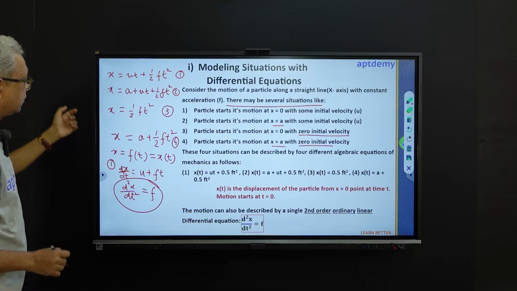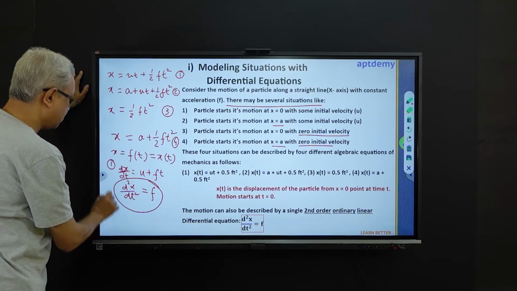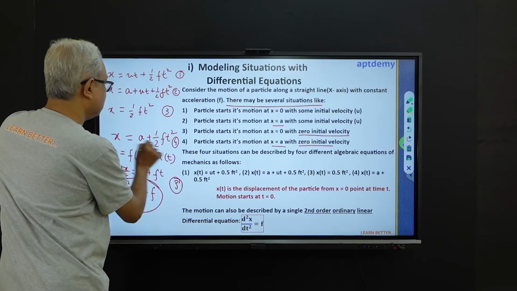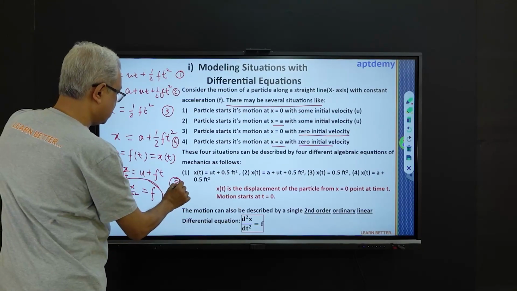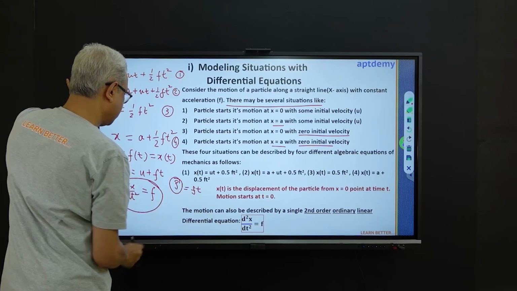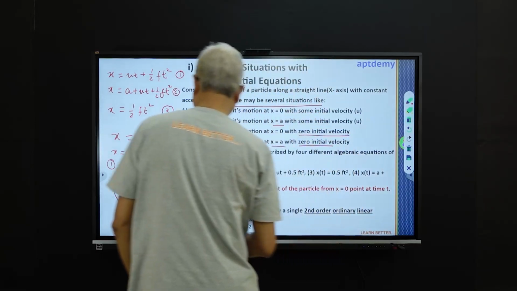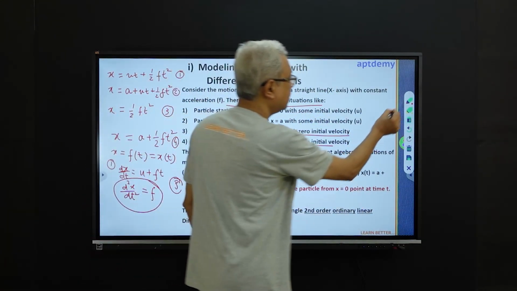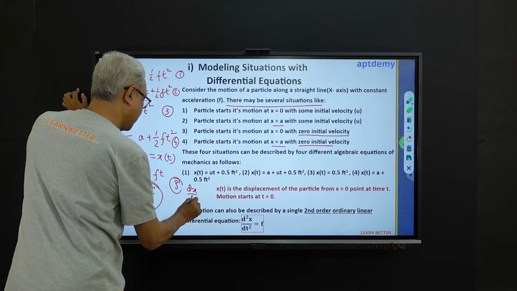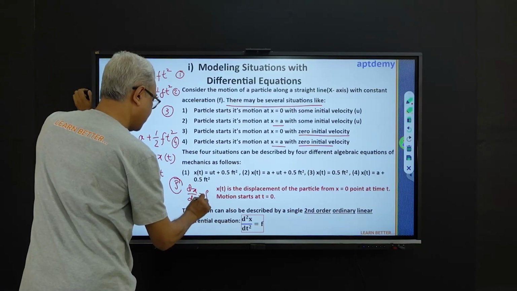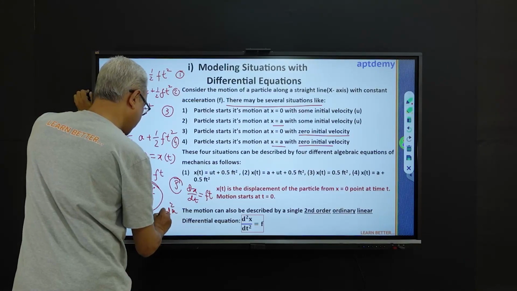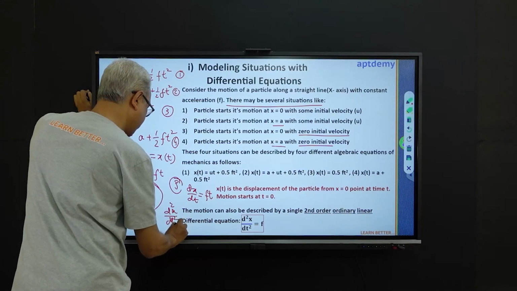Third case, in the third situation, dx dt will be ft, and d2x dt square will definitely be f.